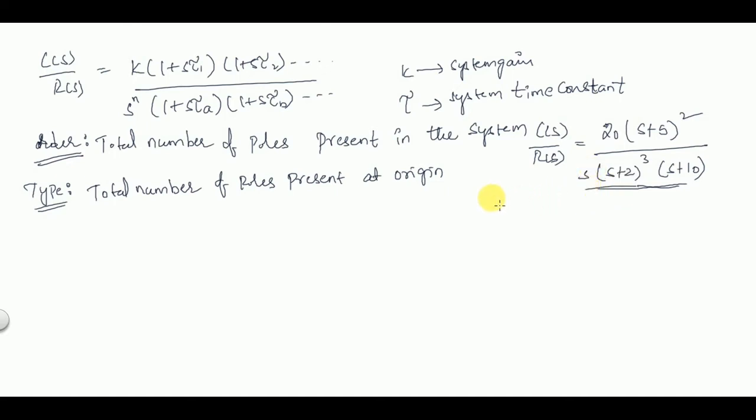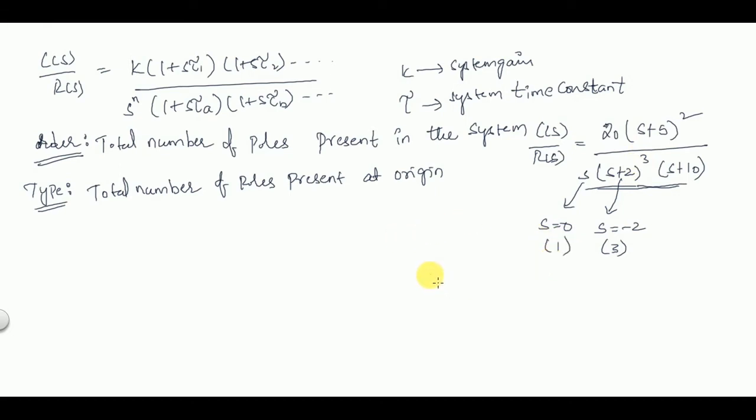We'll discuss poles and zeros in the next video. Until then, just remember how to find the poles by making the denominator equal to 0. So s equal to 0 is one pole. Here s plus 2 equal to 0, so s is equal to minus 2. It is a pole of order 3 because there is a cube here.